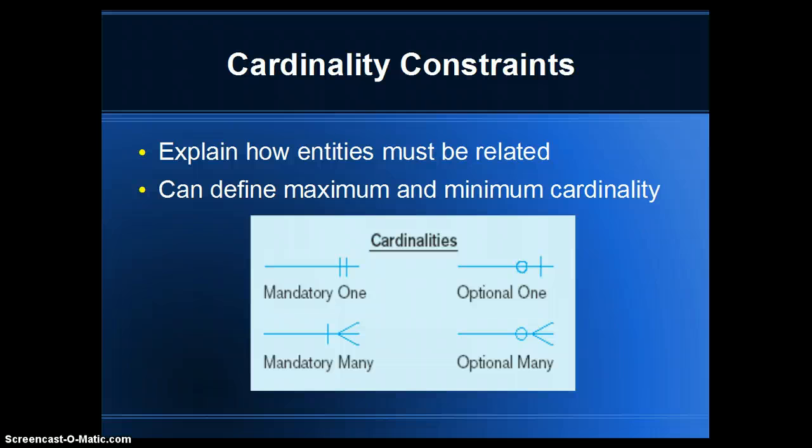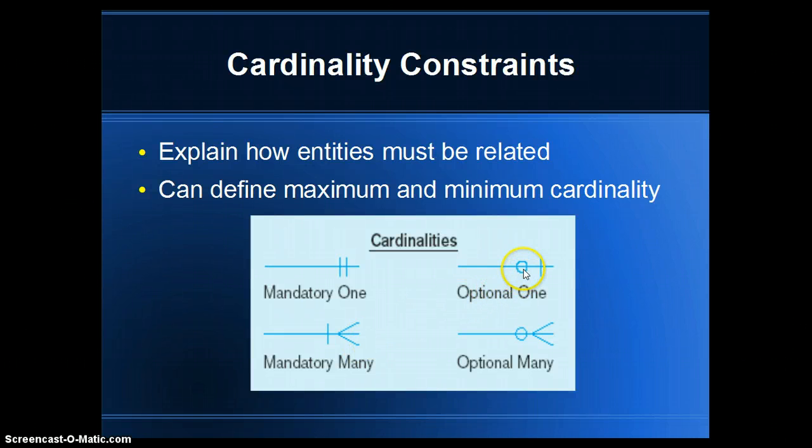Cardinality constraints explain how entities may be related in the ER diagram. They explain the maximum and minimum. Here you can see how mandatory 1 is represented, with mandatory 1, maximum 1. Here you see mandatory 1 with many, so an entity must have more than one.